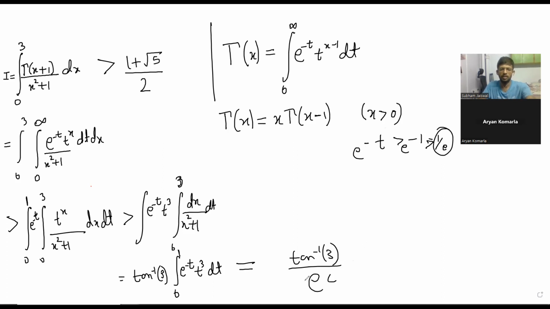You're getting something like this after a lot of approximations, after some oversimplifications, I should say. Is this bigger than tan inverse 3 by 4e?